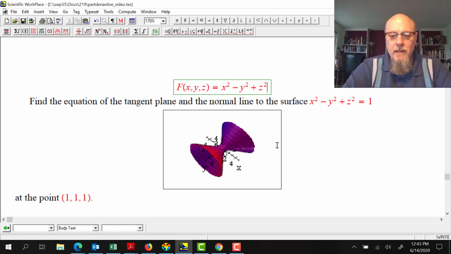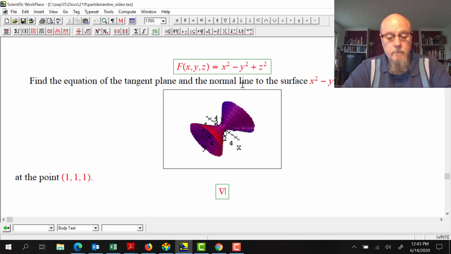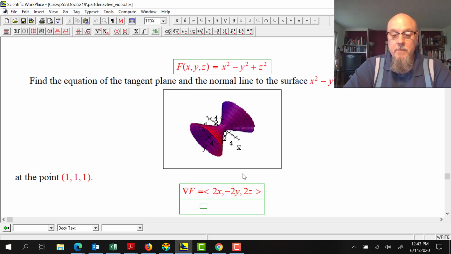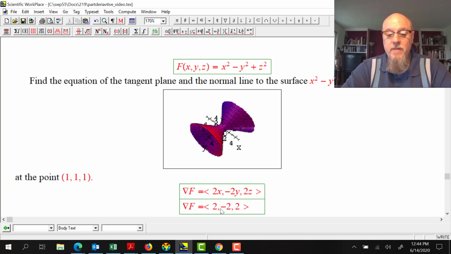Okay, so let's get the gradient of this function. That's our derivative with respect to x, derivative with respect to y, derivative with respect to z. There's the direction that points in greatest increase, any place along where we're at. Specifically, where we're at is the point (1, 1, 1). So the gradient in question is that, and that's the normal vector then.